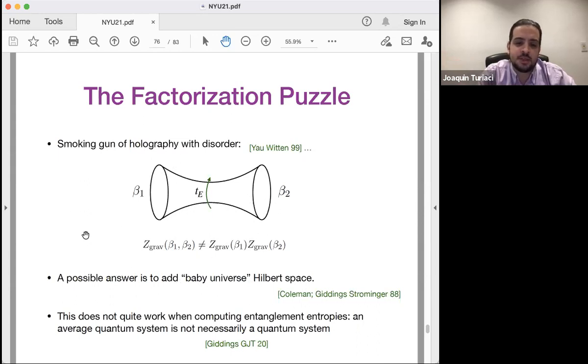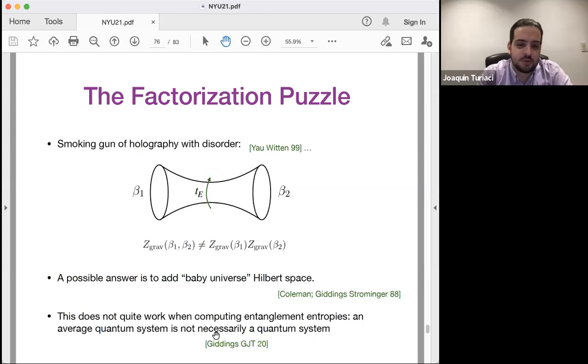A possible answer to this problem, which was done in the old literature on wormholes, was to imagine that you add some baby universe Hilbert space. What this means is that you have some extra sector in your quantum mechanical theory, and this average comes from tracing it out in a way, so as to make it still consistent with quantum mechanics.